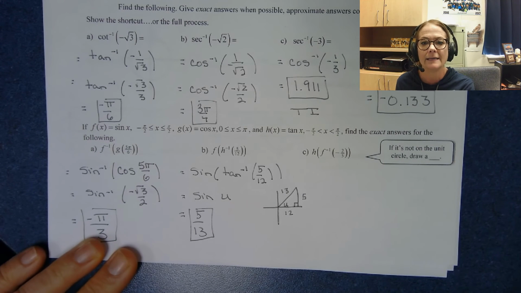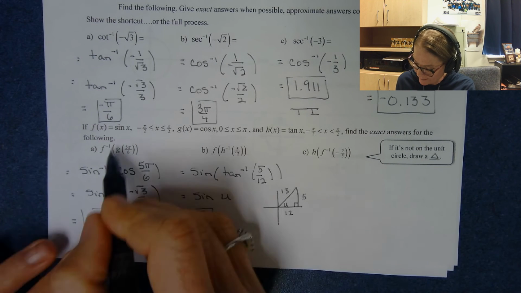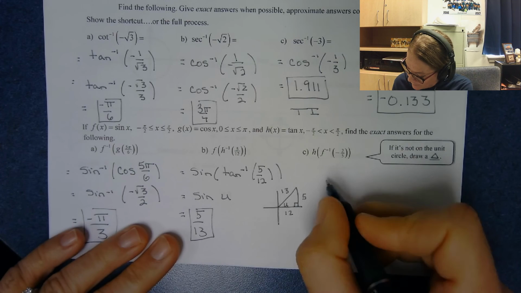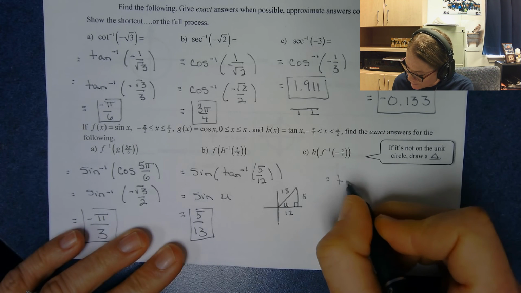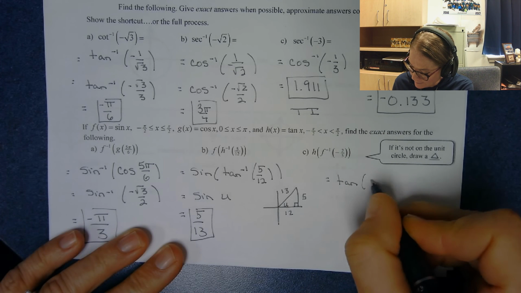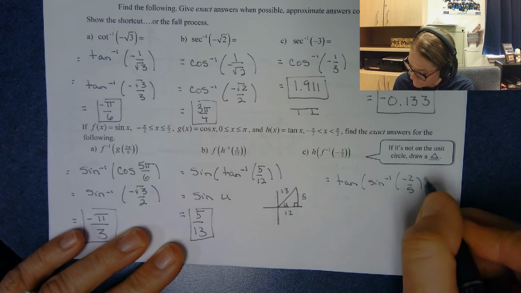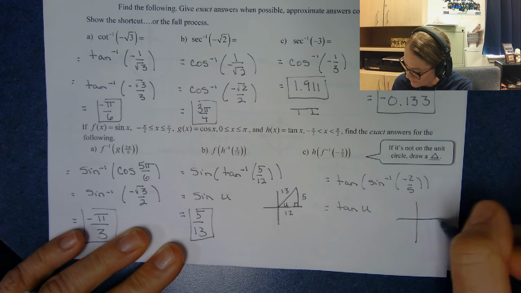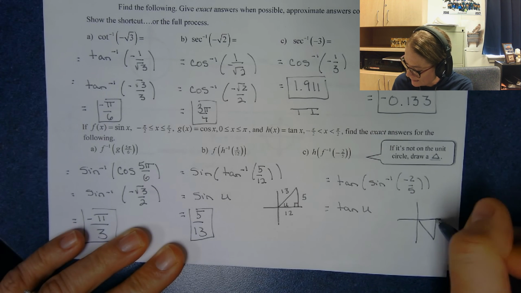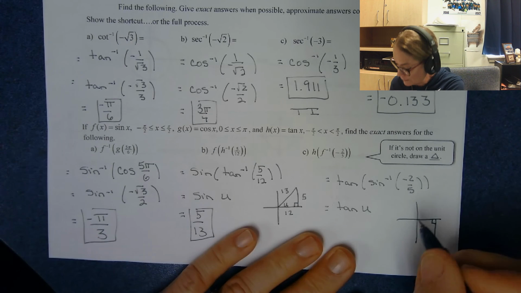Our last one: if it's not a unit circle value, just draw a triangle. Here we go. H is tangent of inverse sine of negative 2 over 5. Tangent of this situation, which is u, let's draw this. That is negative, so inverse sine has to be in quadrant 1 or 4, so we're in quadrant 4.